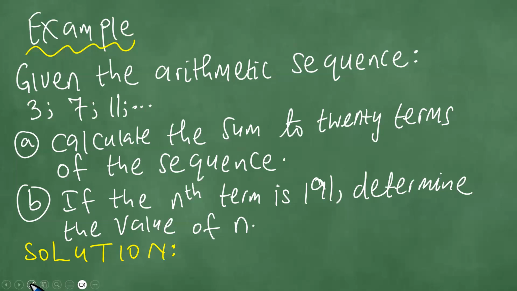Right, so here is the question. Given the arithmetic sequence, this one, calculate the sum to 20 terms of the sequence. Look at the solution. In order for us to find the sum, do we always have to start with the Tn formula first?